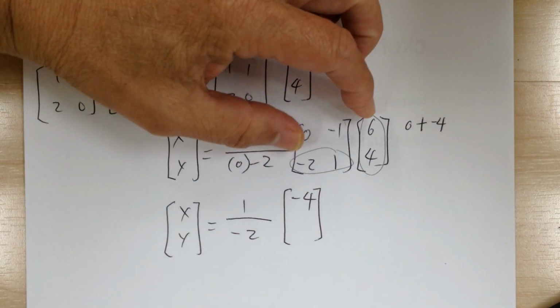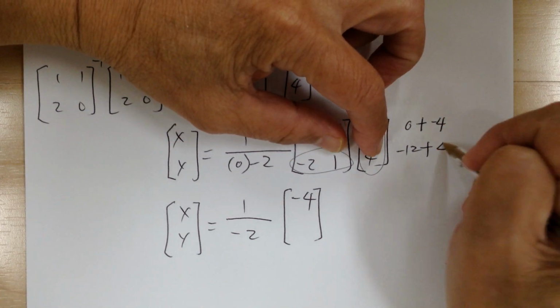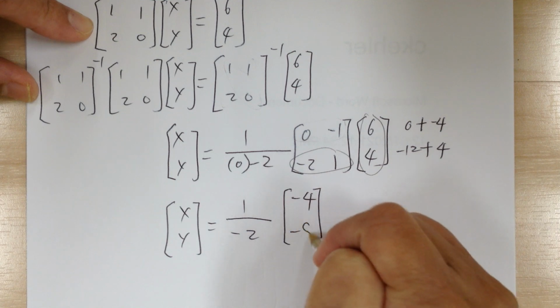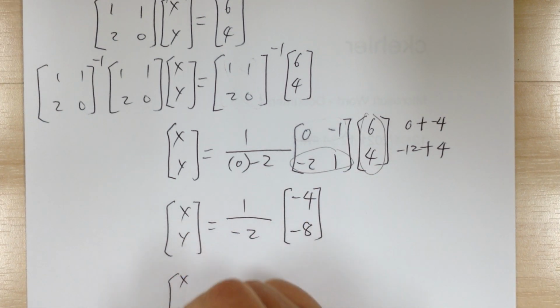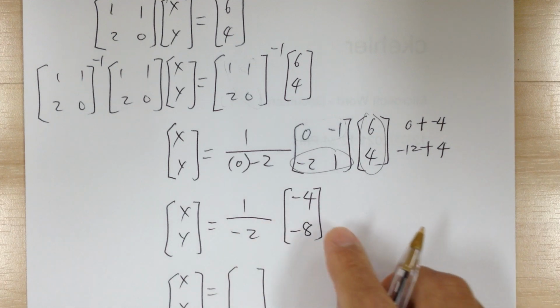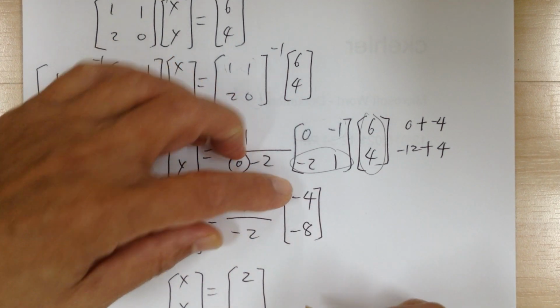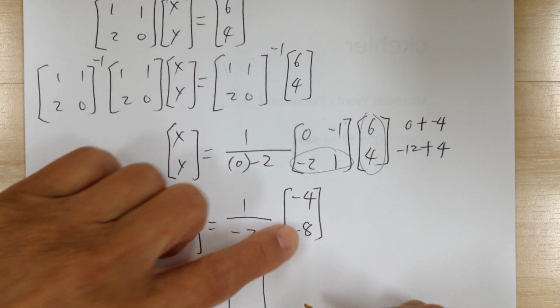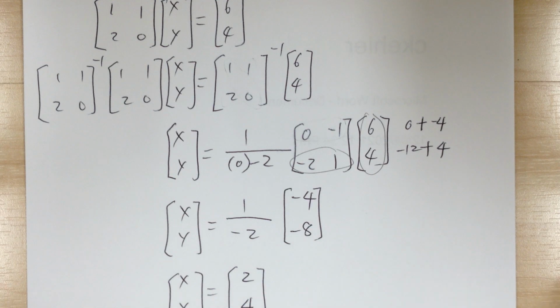Again, when I multiply, this will give me negative 12 plus 4, and this will give me negative 8. Then you multiply out. Negative 4 times negative 1/2, the negatives cancel out, so equal to 2. Multiply, negatives cancel out, so 8 over 2 will give you 4. So the answer would be 2, 4.